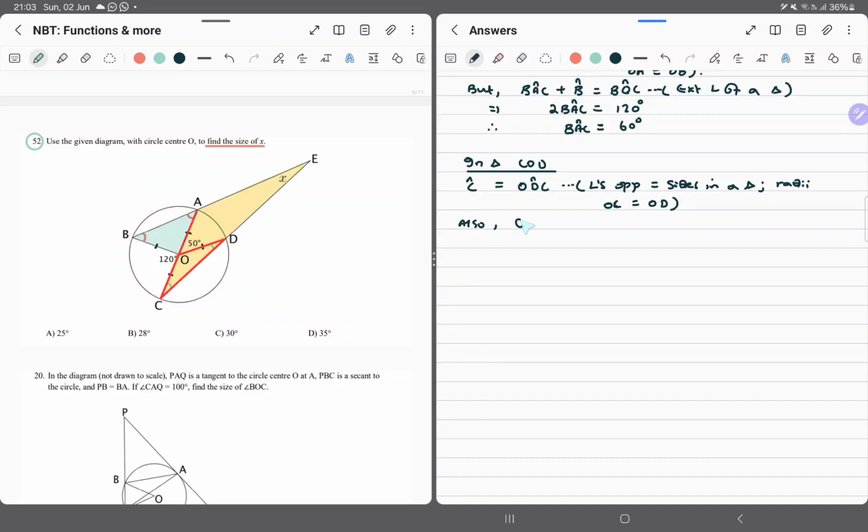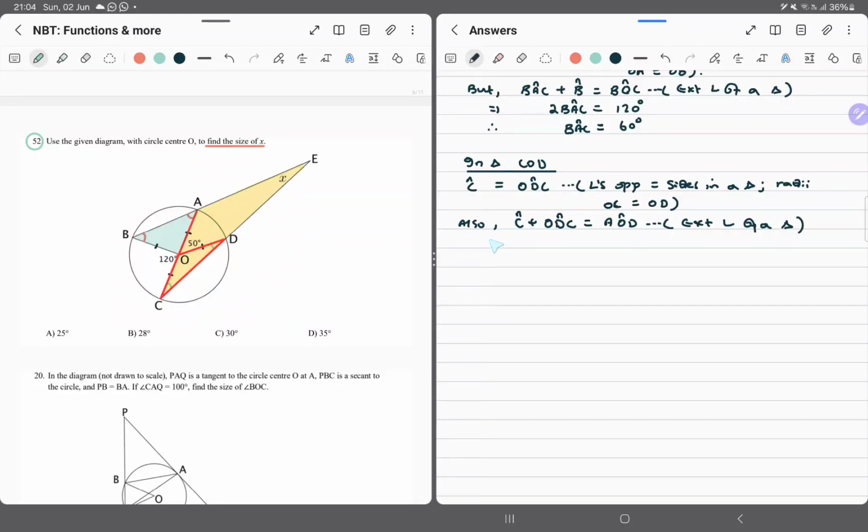also we understand that angle C plus angle ODC is equal to angle AOD. This is the exterior angle of a triangle. We're speaking about COD this time.